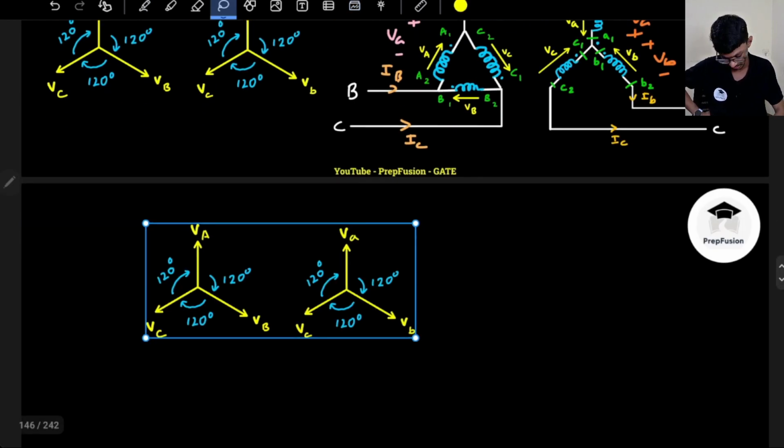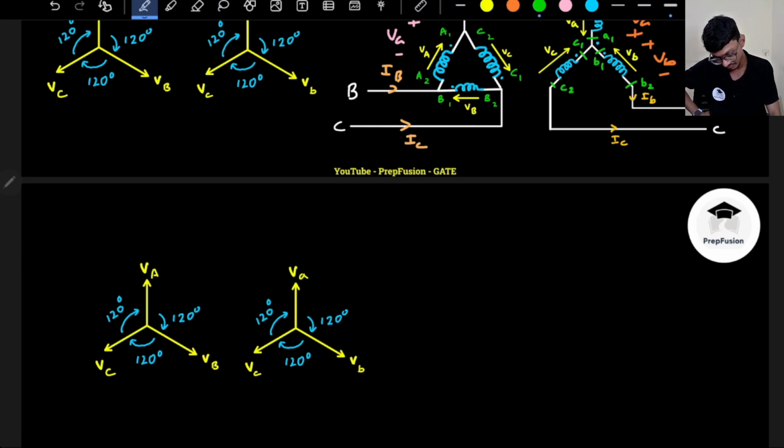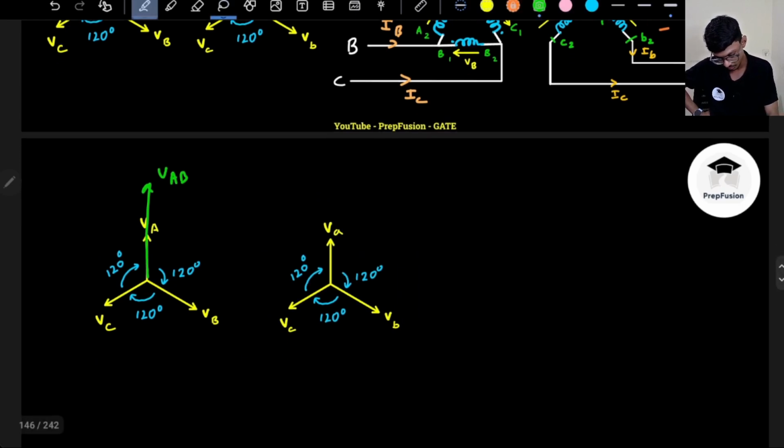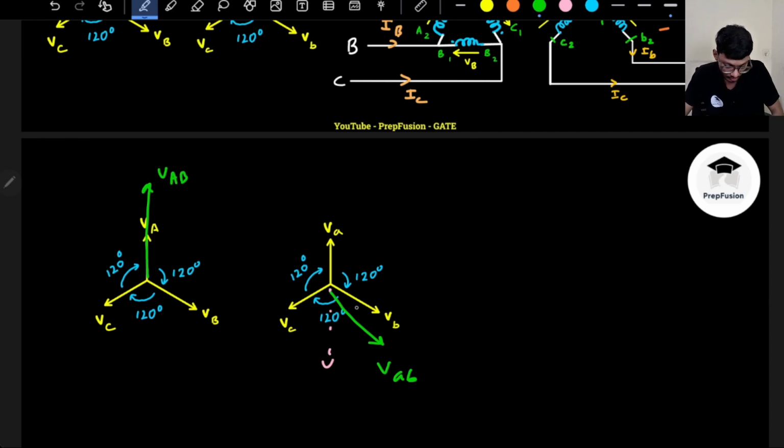Okay, so capital VAB is in the same direction as VA, but small VAB will be VB minus VA. So I will oppose the VA and add these two values, so it will be roughly somewhere around here. So basically, now it will lead the VB by 30 degrees.